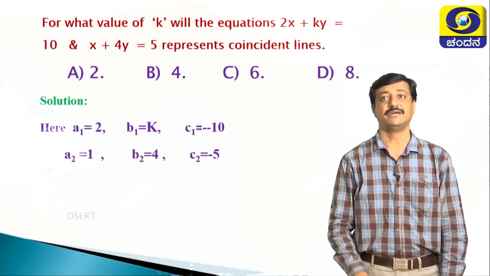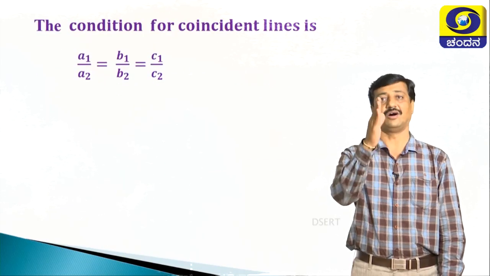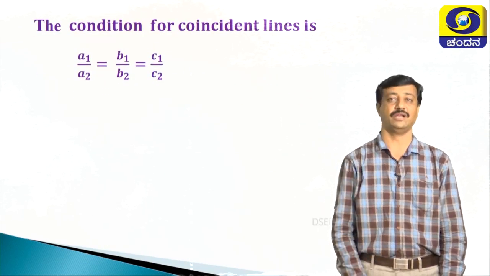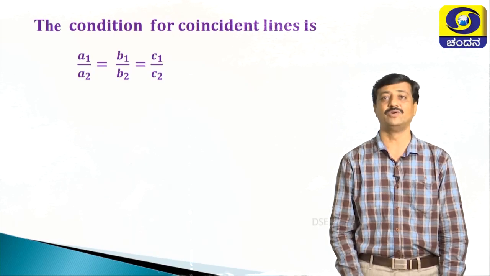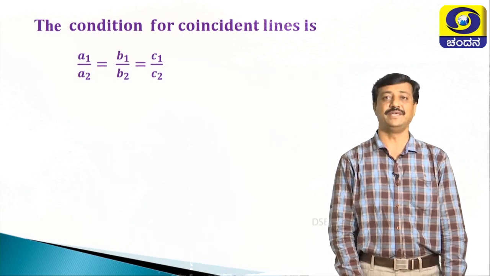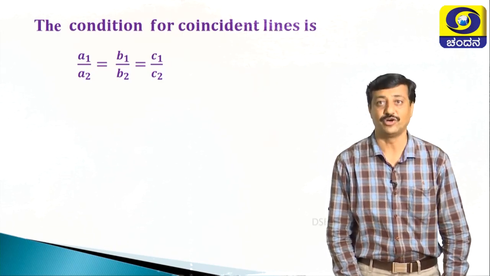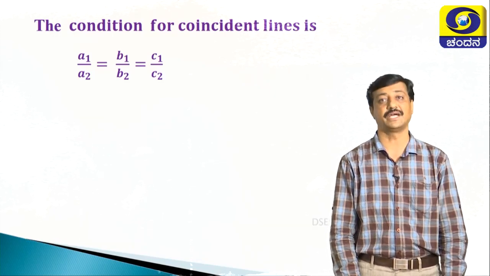It is given the lines are coincident lines. The condition says all the 3 ratios are equal. a1 by a2 is equal to b1 by b2 and also equal to c1 by c2. If these 3 values are equal to each other, now you are going to apply the 6 values to the given condition.